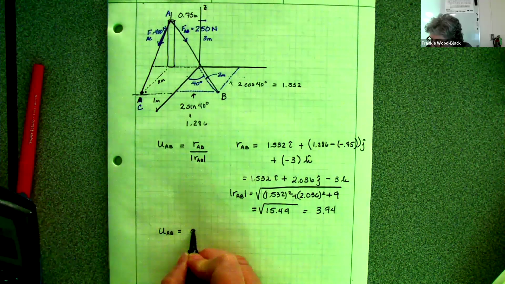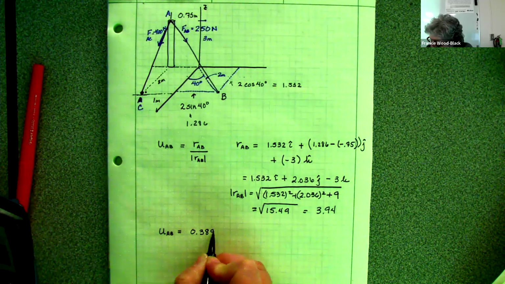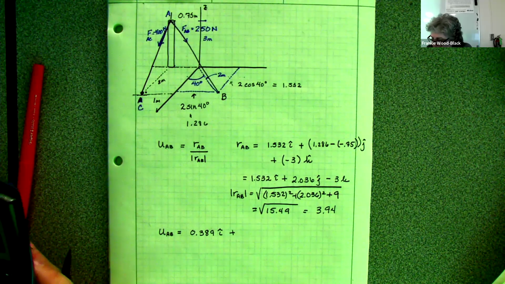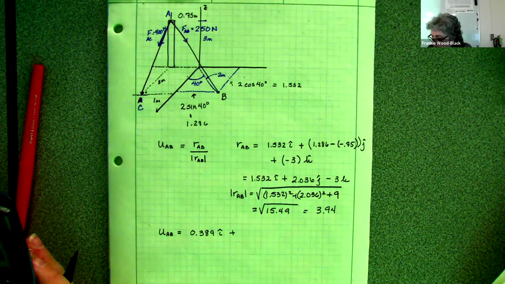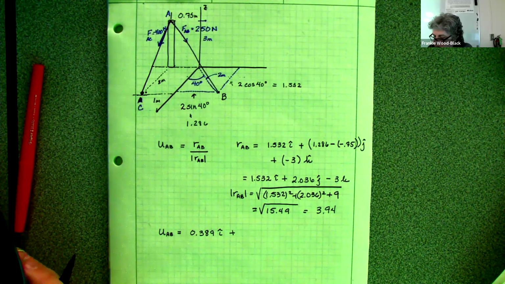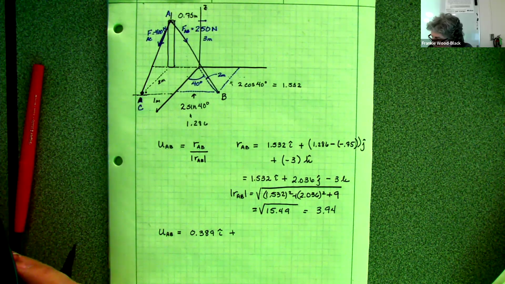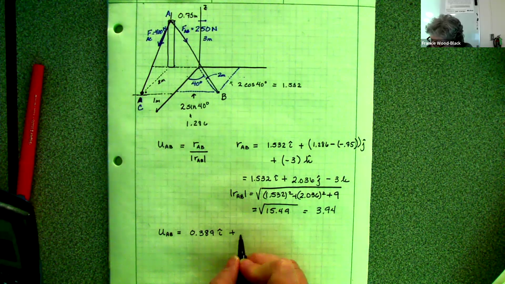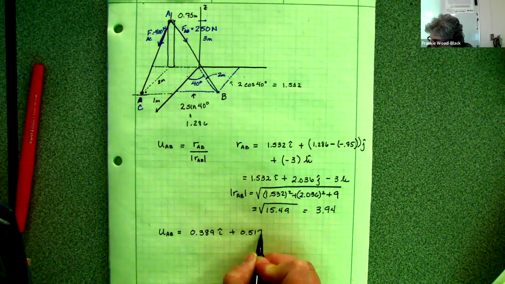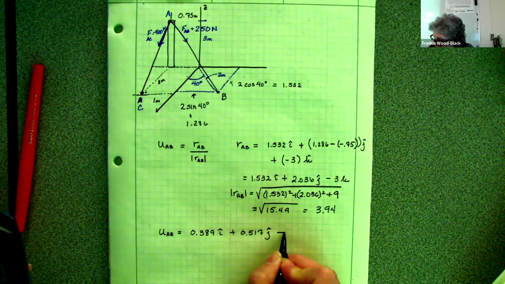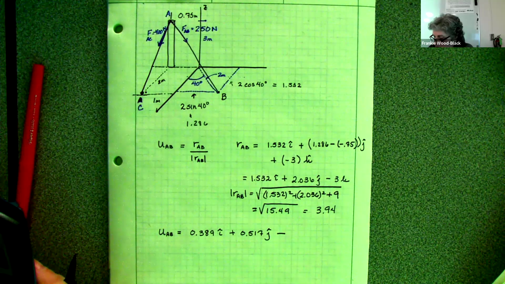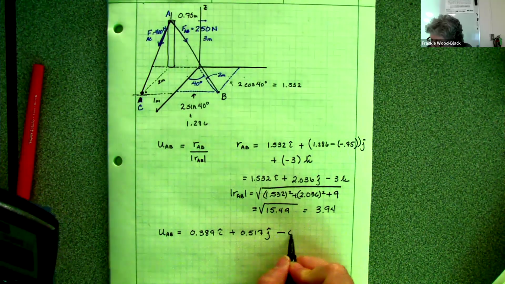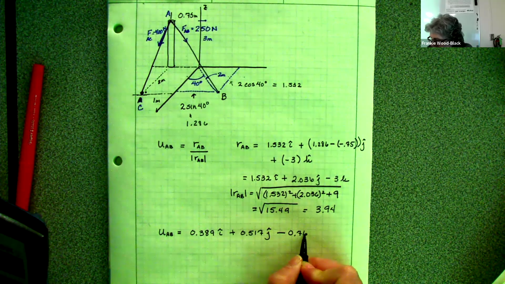I get 0.389. I get 0.517. I get minus 0.76.